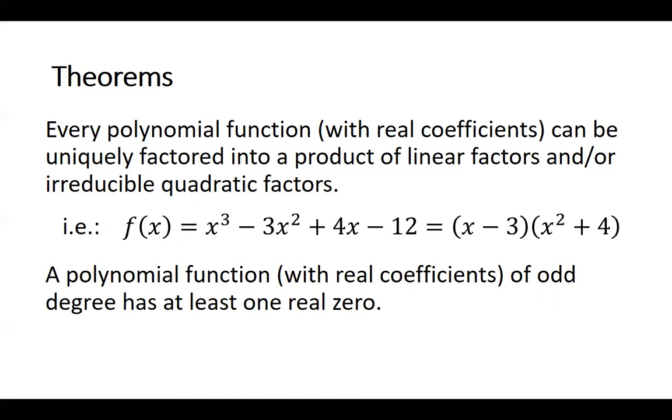Those irreducible quadratic factors, which we'll get into in just a moment, are going to give us two other zeros, but not necessarily real. So if we have an odd degree polynomial with real coefficients, then the fact that it's odd tells us that we're going to have at least one real zero.